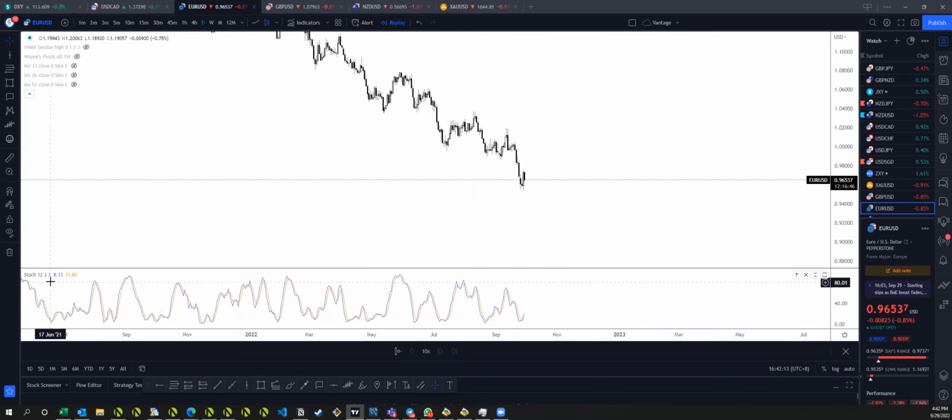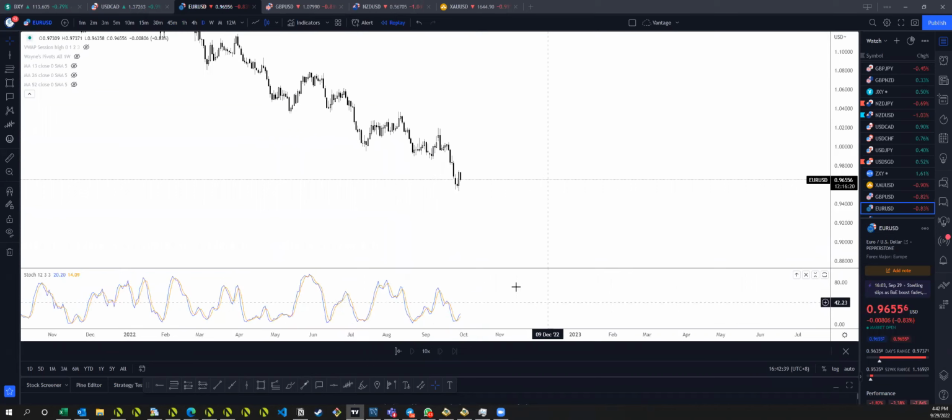Okay, the 3 days SMA basically looks at my stochastics for the past 3 days, the average of the past 3 days' stochastics, and it basically smooths out my blue line. So you look at the blue line, it's very edgy, right? It's very sensitive to the prices, whereas the orange line is much smoother and tends to give us fewer false signals.